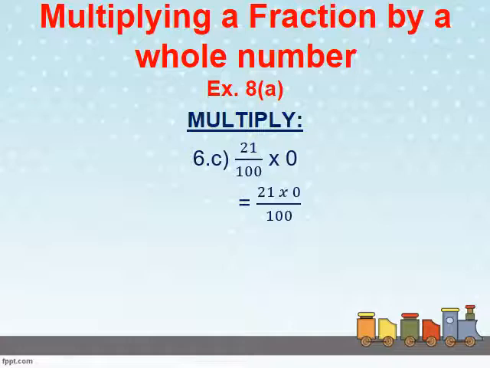And as we know, whenever we multiply any number by 0, the answer is 0. So 21 multiplied by 0 is equal to 0, and in the denominator it is 100, so 0 by 100. But when 0 is divided by any number, like in this case 0 is divided by 100, the answer will always be 0. So our answer is 0.